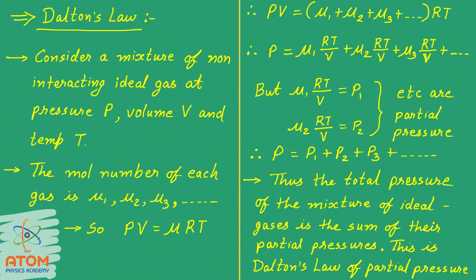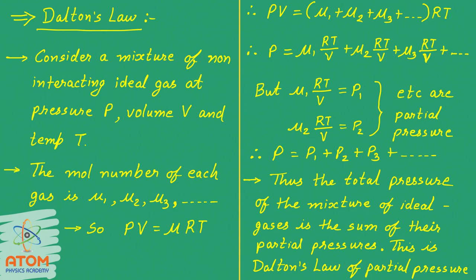Here these terms like mu1 RT upon V is like P1, mu2 RT upon V is like P2 and so on. These terms are known as partial pressures. Here P1, P2, P3, whatever you write, are partial pressures.